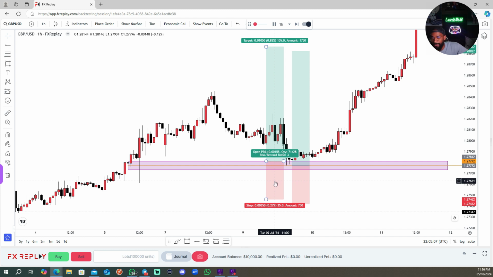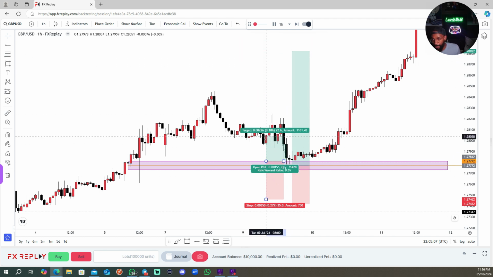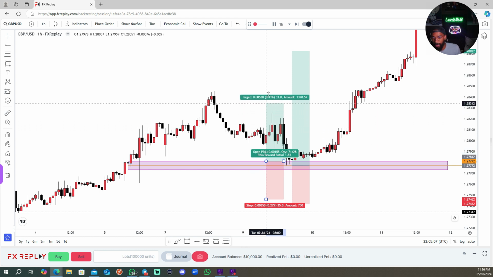So if you want to risk 5%, for example, per trade, and you're risking 25 pips, that means 25 pips equals 5%, which means you only now need to catch 25 pips to be up 5%. So in this case, we're risking 1% per trade. When price goes up 35 pips, that means we're now 1% in profit. When price goes up 70 pips, we're now 2% in profit.